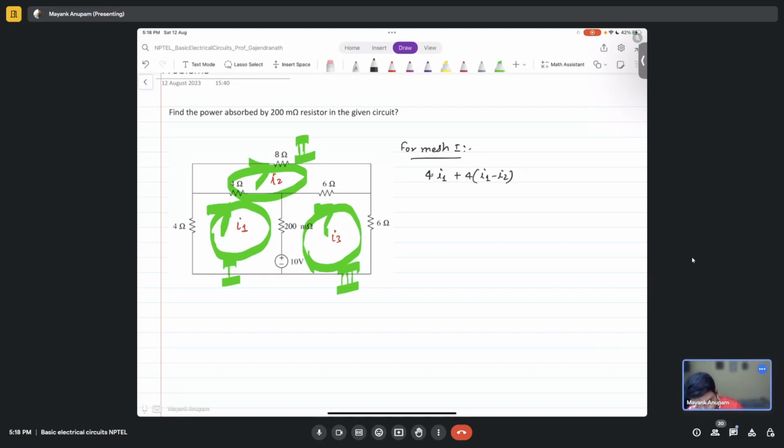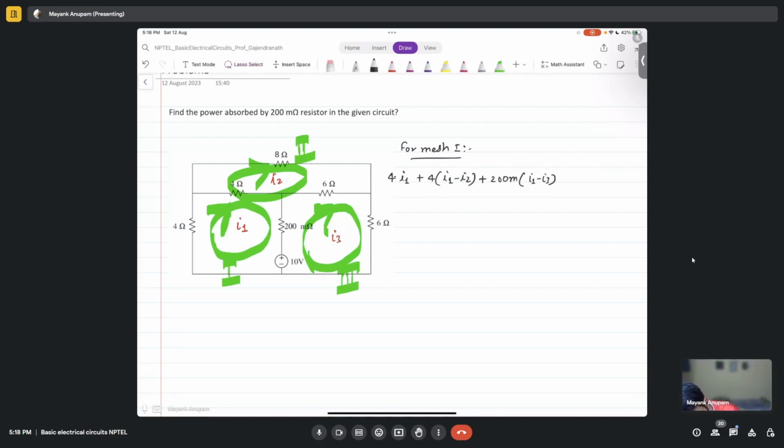Okay, fine. Plus 200 milliohm multiplied by (I1 minus I3). And it is equal to 10 volt.